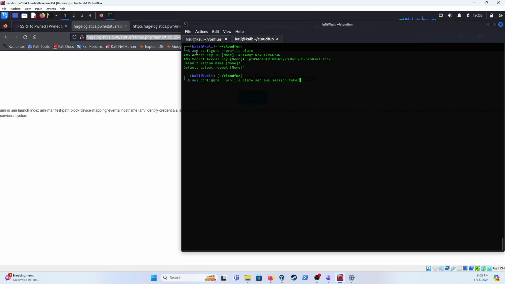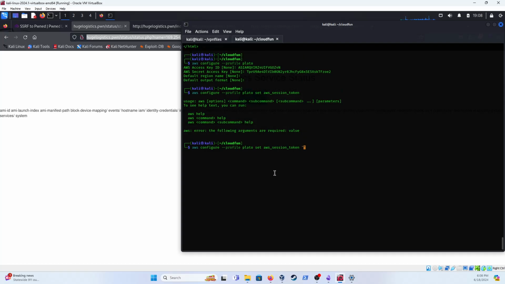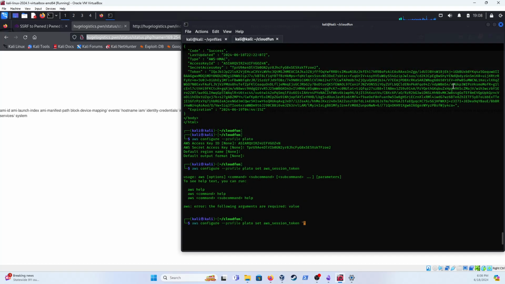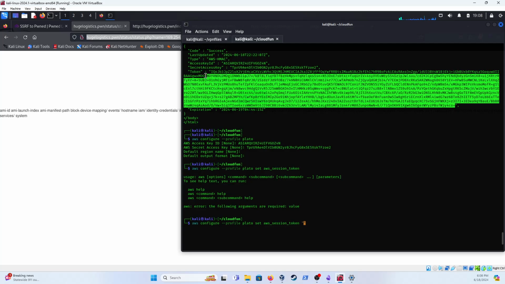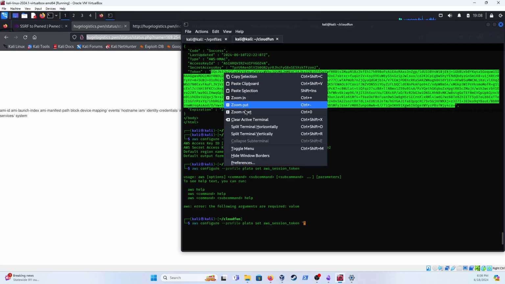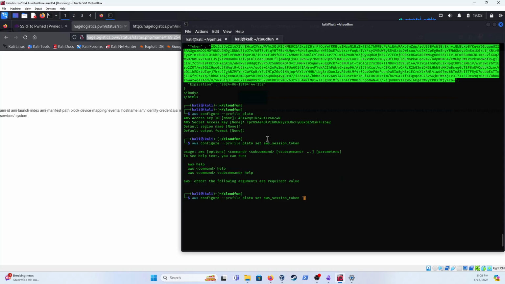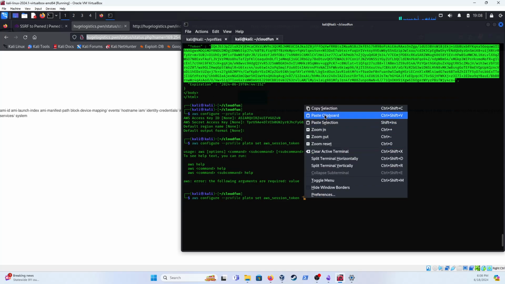All right, so we did a configure, which just gives us these two credentials, but now we're doing a set session token. And I got ahead of myself, so what we need to do is actually give it the session token. It's not the same as the first command where it prompts you for it after, so we just have to give it to it in the command directly here.